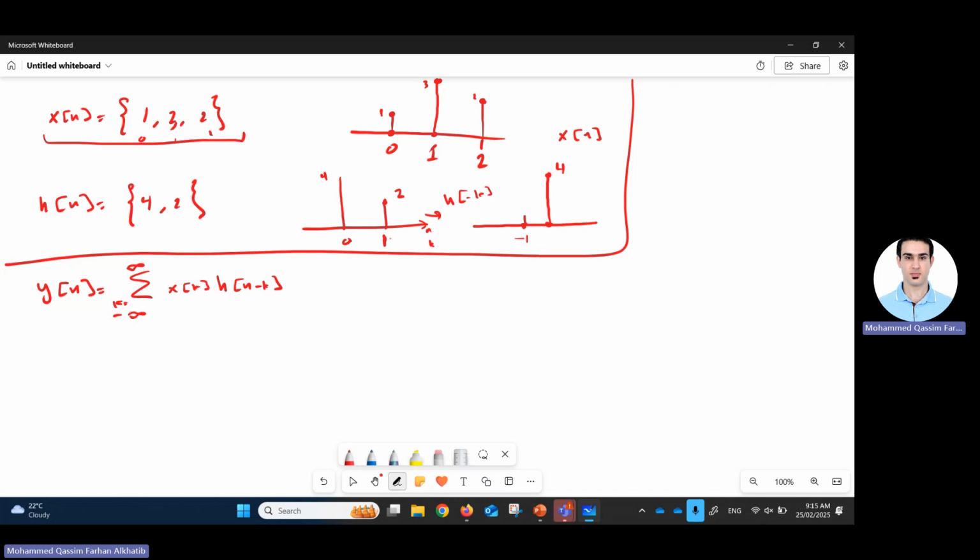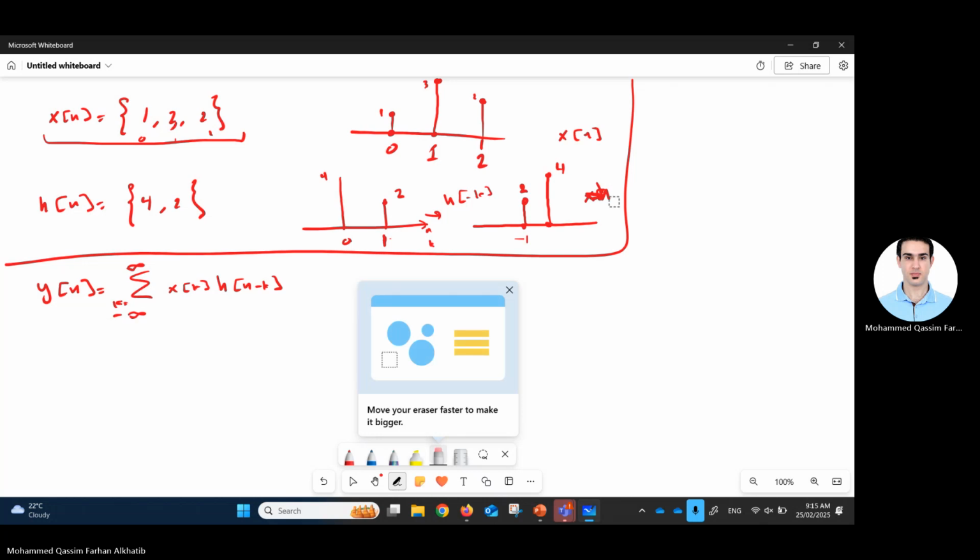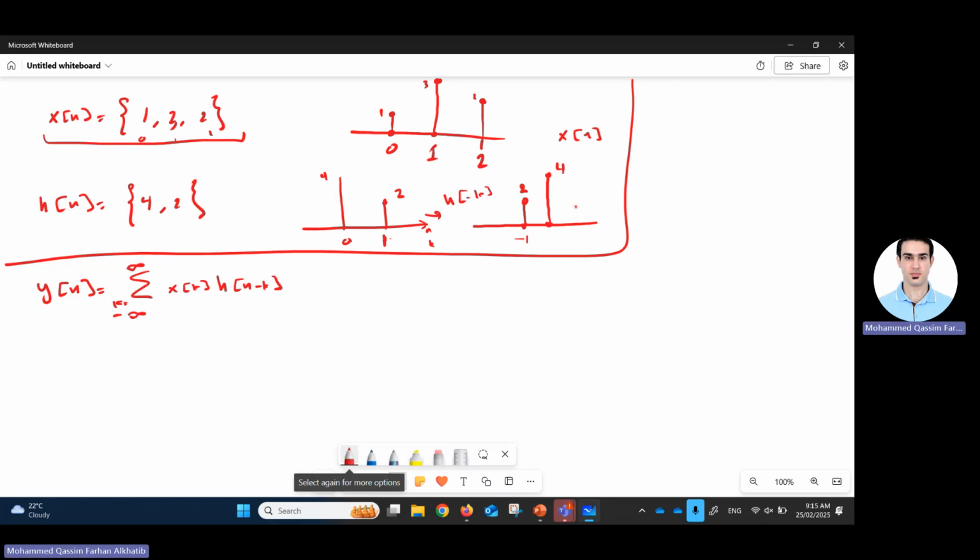So that is h of negative k. Then to have h of n minus k, I will have the same exact thing, but for each index, I will add n. So at n minus 1, I have the value 4, and at n, the value is 2. And x of k remains the same.